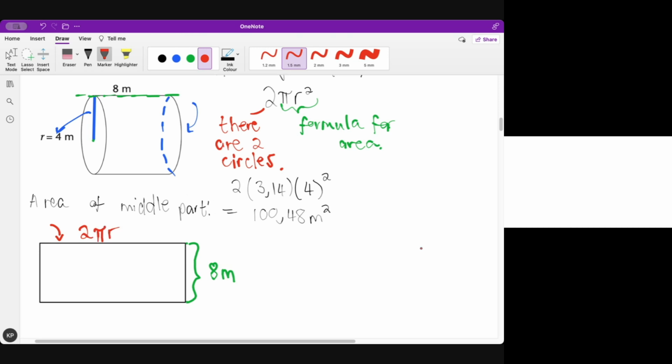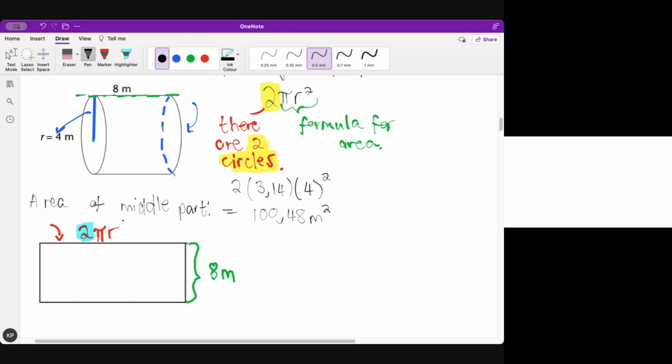Now, I need to clarify something here, okay? This 2 was there because we had 2 circles. You're with me? This 2 is part of the formula. If you look at the formula for the outside of a circle, the formula is 2 pi r.